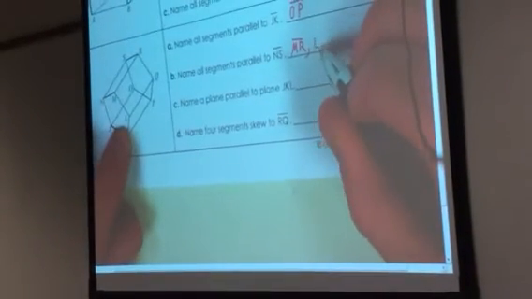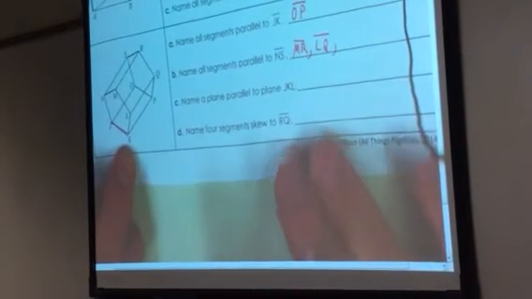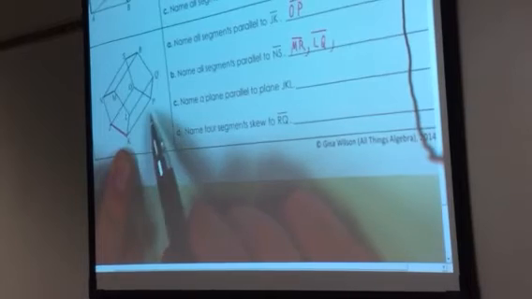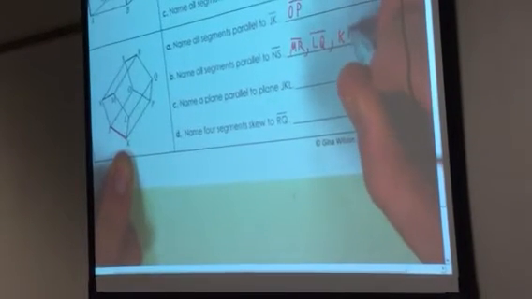Then I would have LQ. Then I'd have KP. And then my last one would be JO.